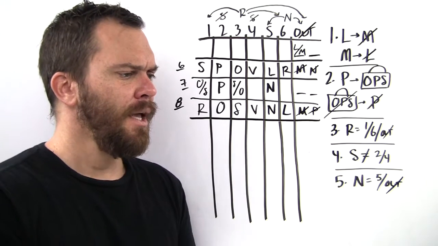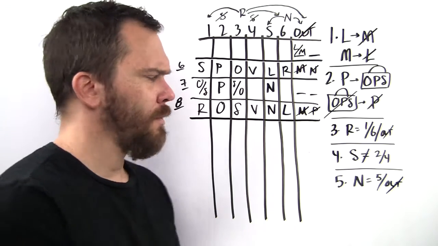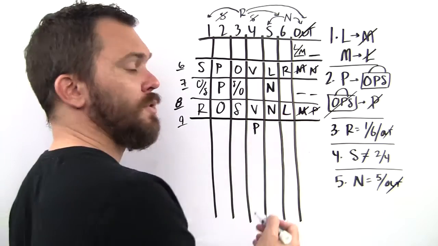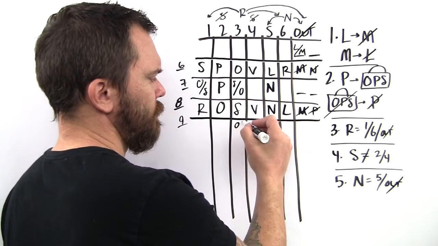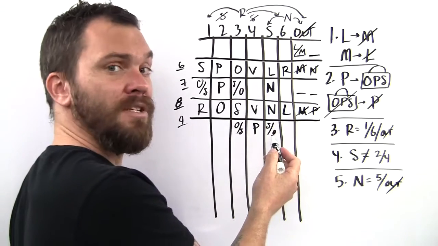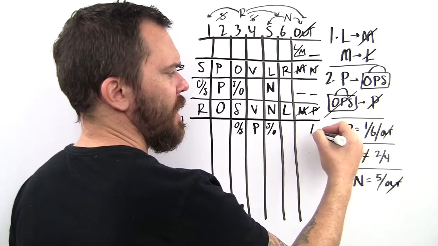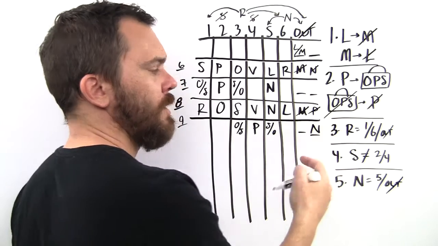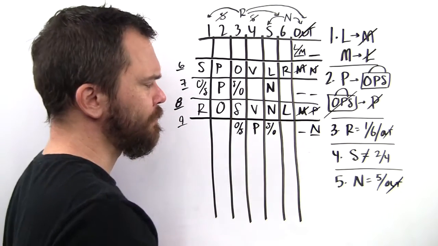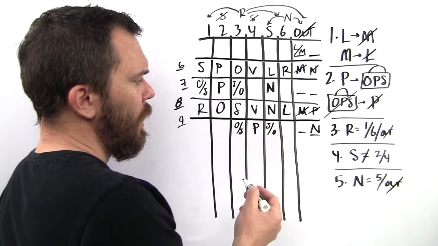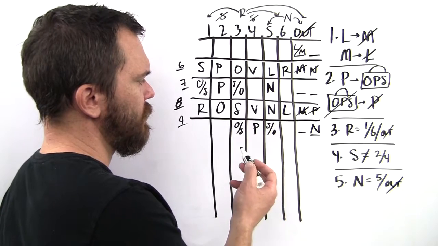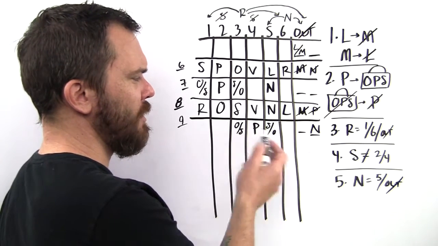All right, question 9. If we put P in 4. So now we've got O and S. And place 5 is not N, so we're kicking N out. And you see me continuing to reserve that spot in my off column for either L or M. Now what? We've got R, which can go either place.